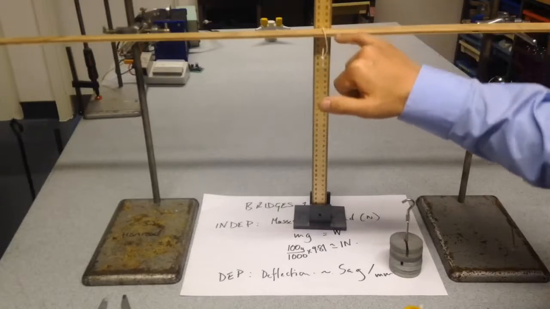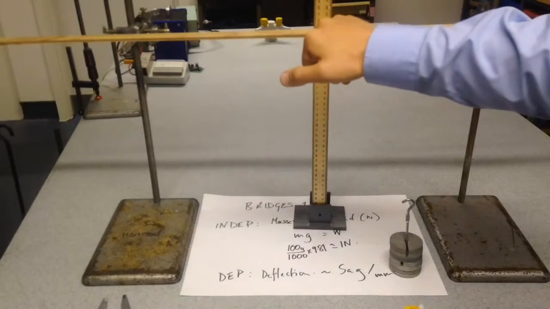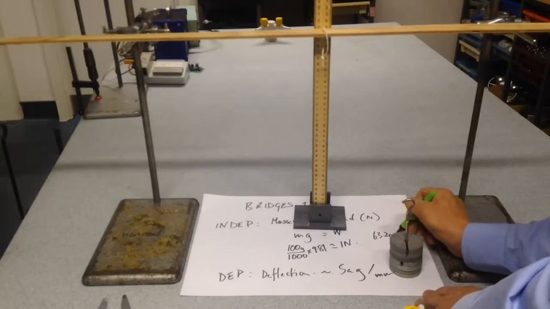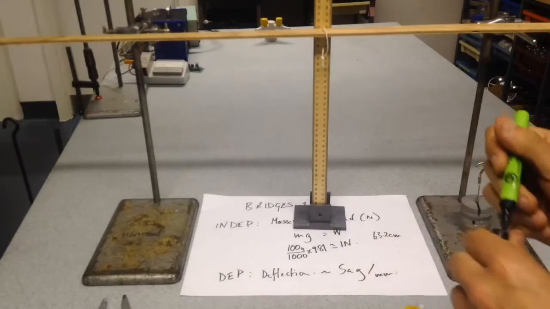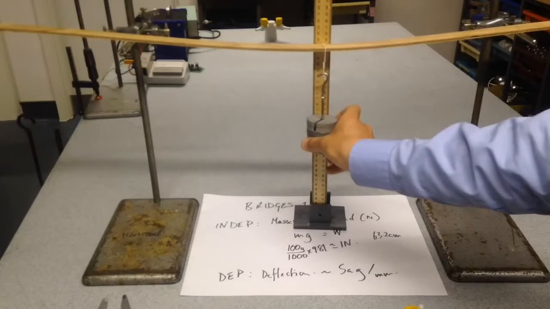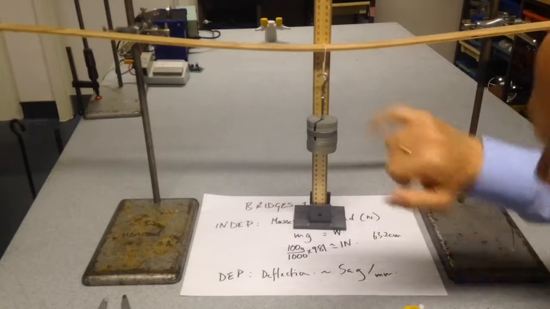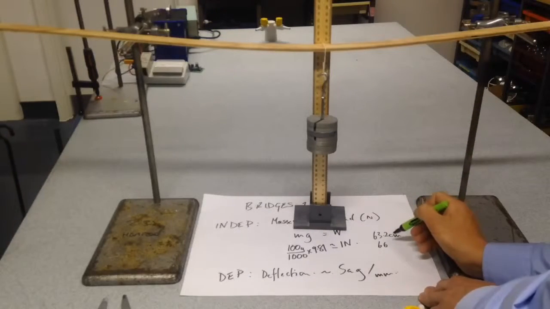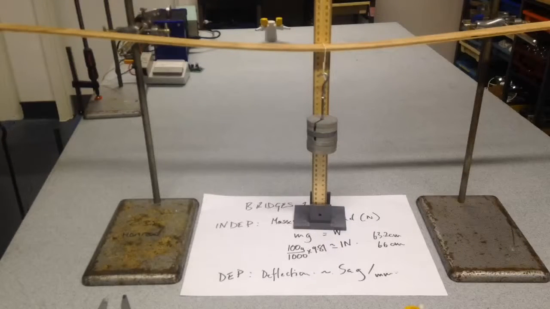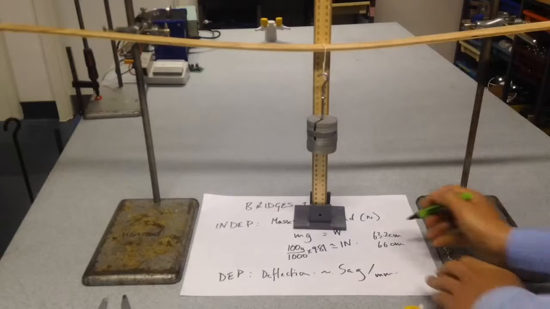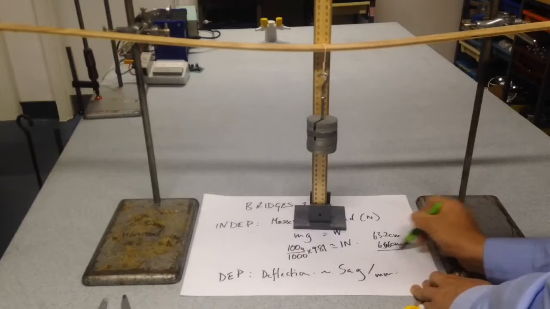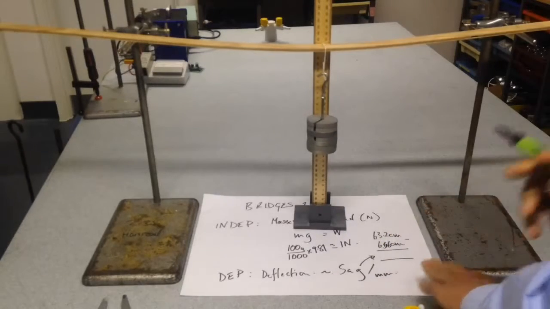Let's say 63.2 centimeters. And then when we apply the load, I'm just putting 7 for argument's sake here, and we've come down to 65.6. Then the difference between them will give us our sag.